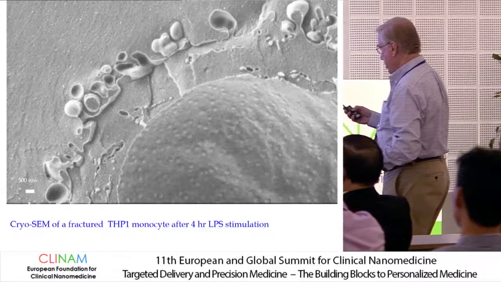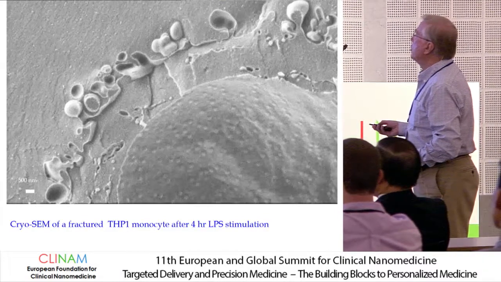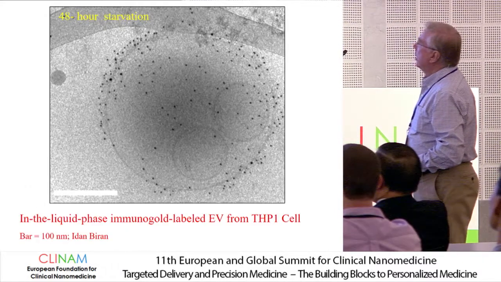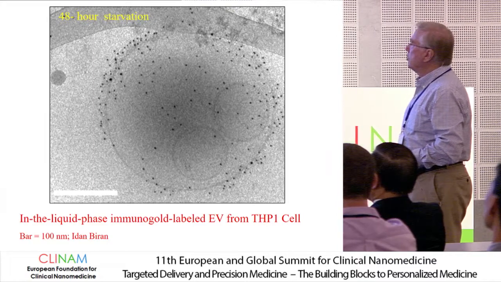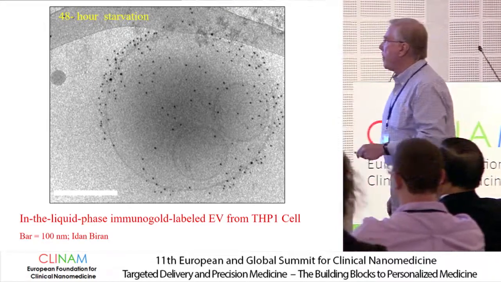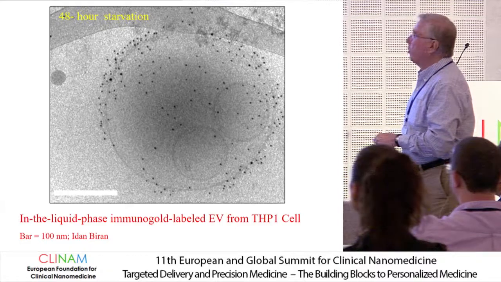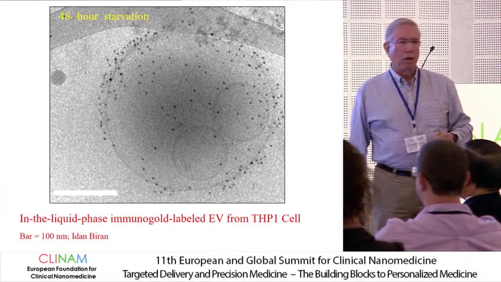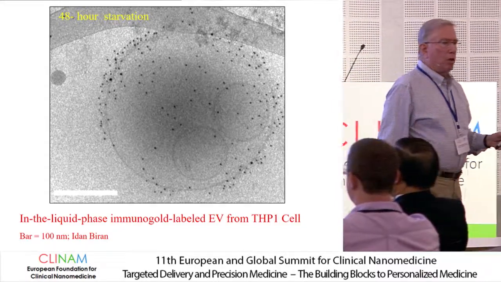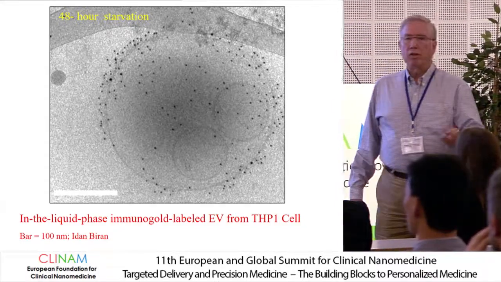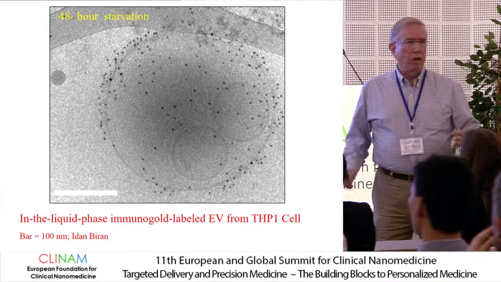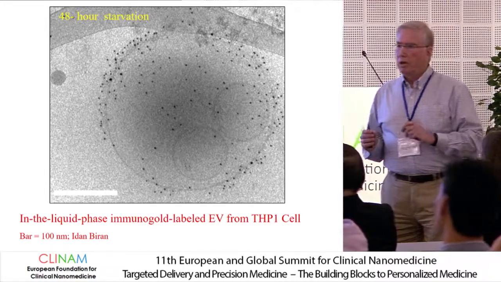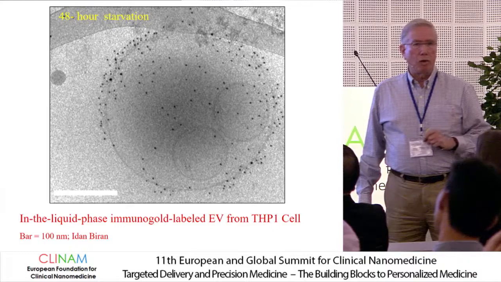So I have another half a minute before questions, and this is just the current status of the work. We are trying to use in the liquid phase immunogold labeling, which is very different from the classical immunogold labeling. In classical immunogold labeling, you dry your specimen, and then you do your immunogold labeling, attaching the nanoparticles of gold in one way or another.